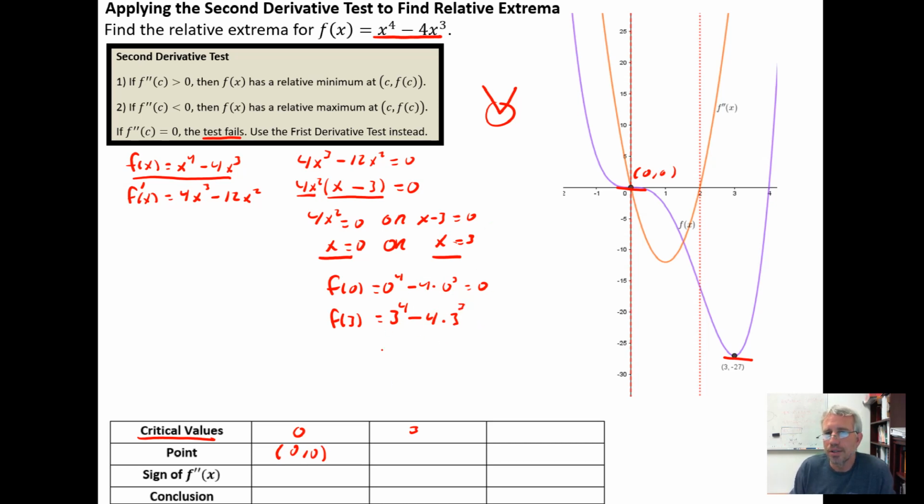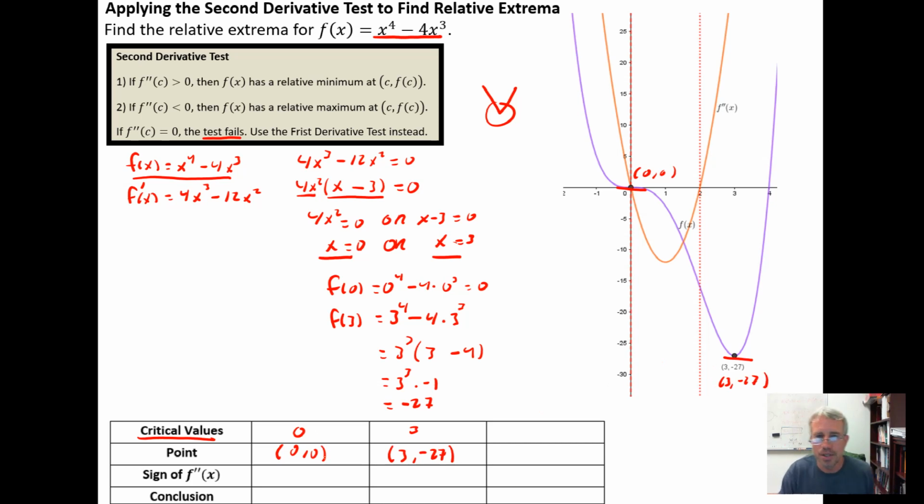So I've got a 3 cubed times 3 minus 4, so it's going to be 3 cubed times negative 1. And 3 cubed is 27, and 27 times negative 1 is negative 27. So we have input 3, output negative 27, showing up as a point on the graph.